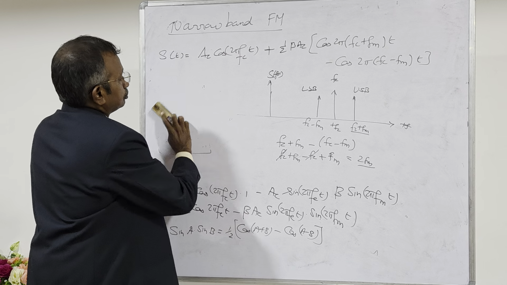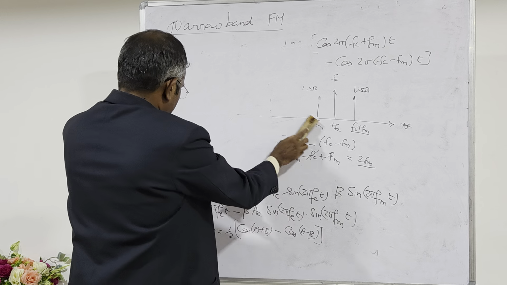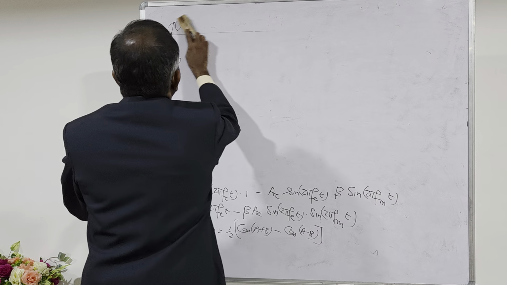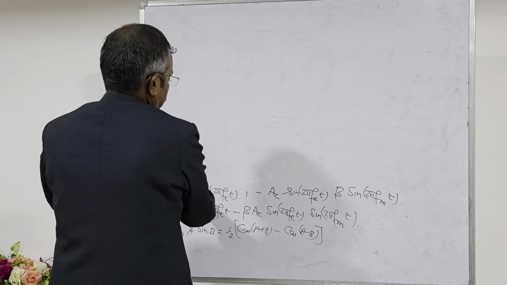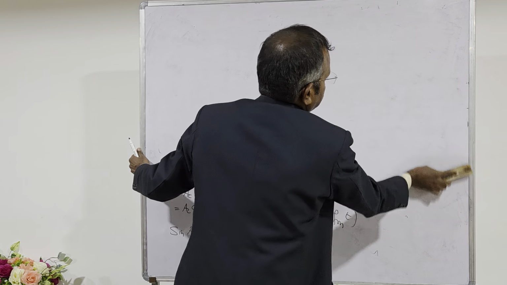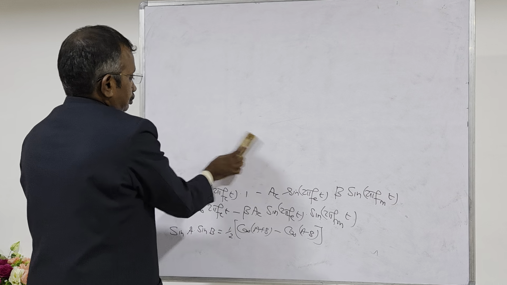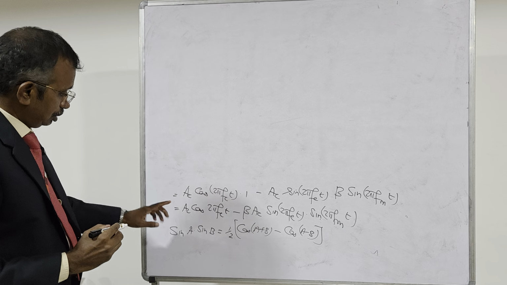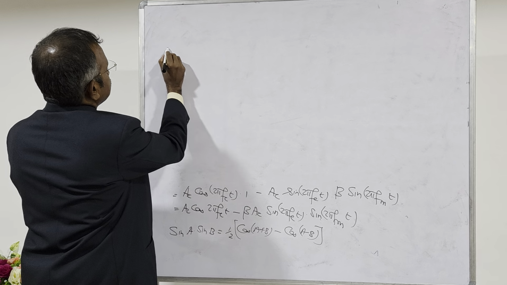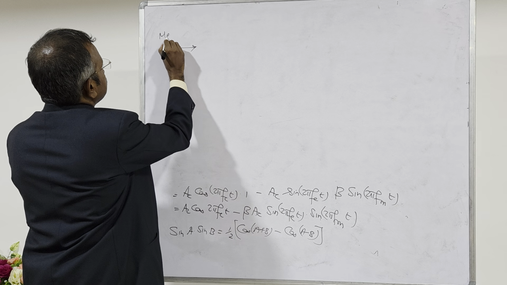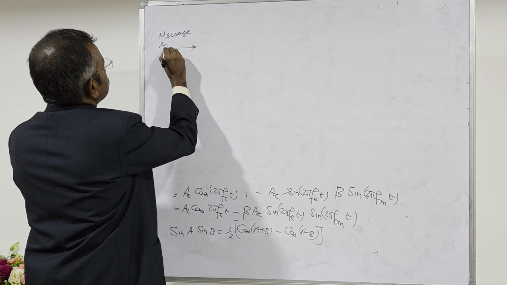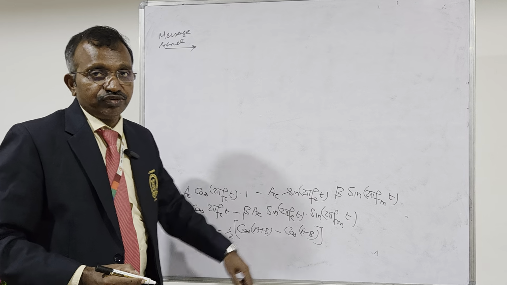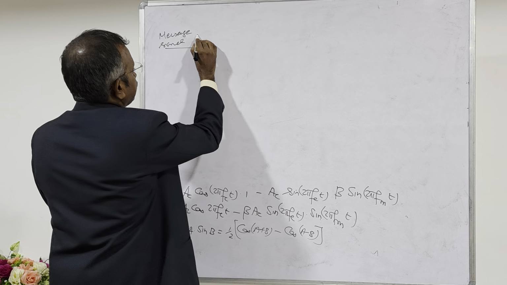So the block diagram for generating the FM signal is as follows. Here I am going to start with the message signal. Then sin 2πfm t is obtained by integrating this particular message signal with an integrator.